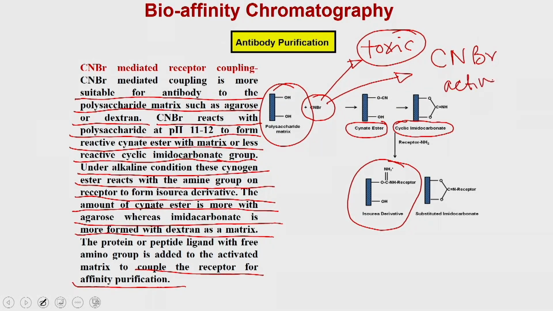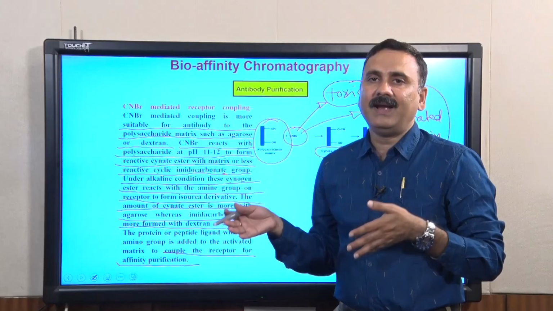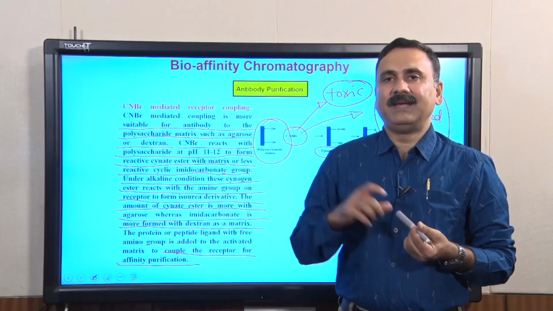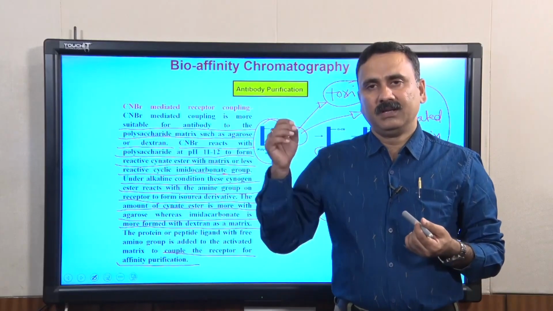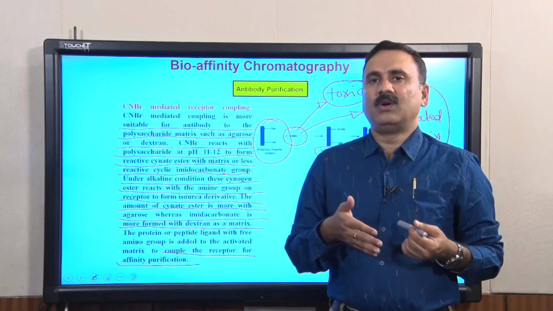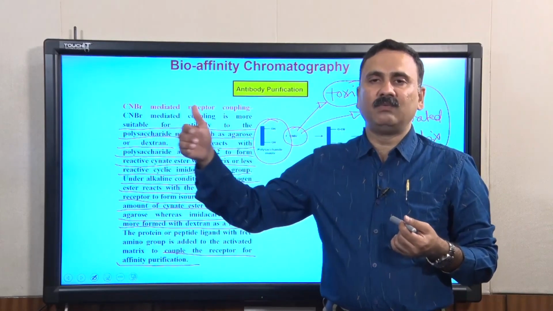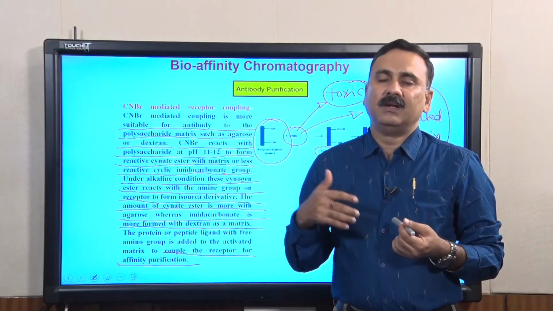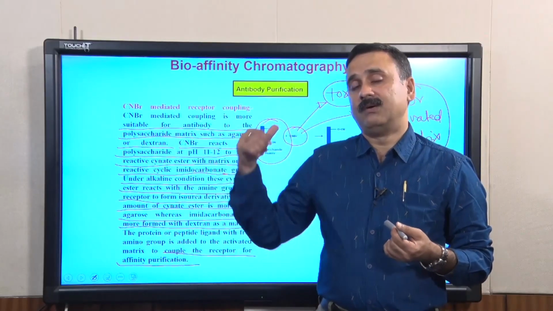Instead of doing this whole activation, you buy the CNBR activated matrix from the vendor, and then you can simply add the proteins, the antigen or the antibodies, which have free amino groups, and they will be coupled to the matrix.